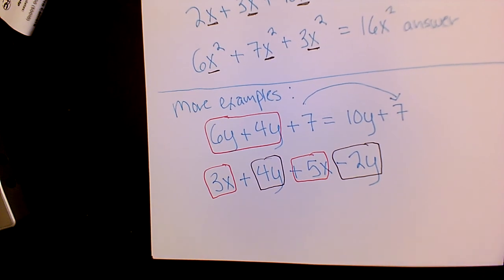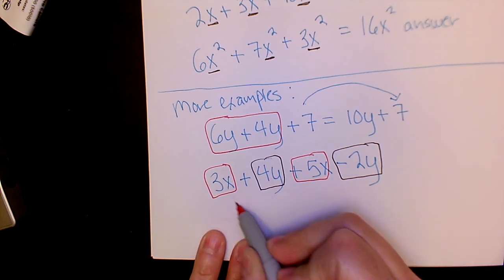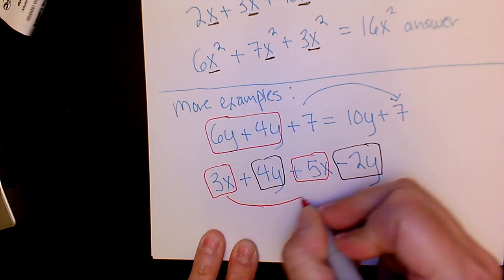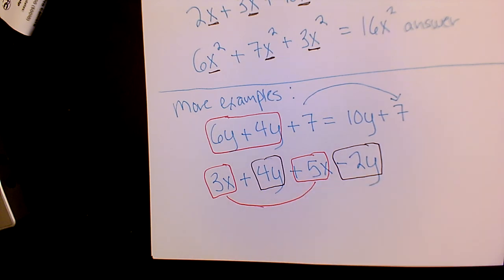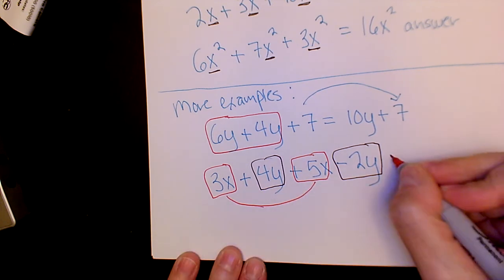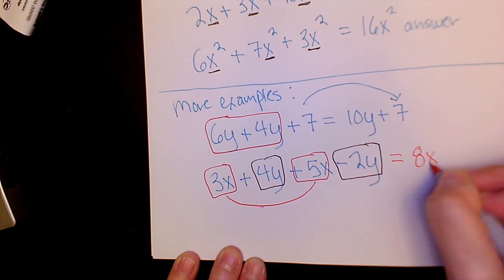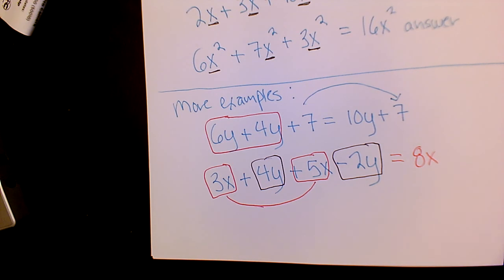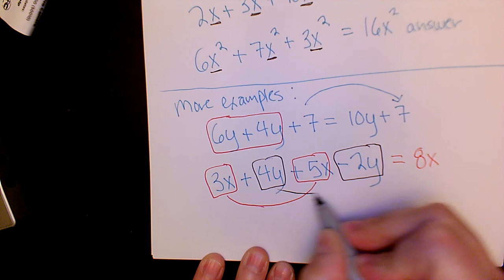I know it's helped a lot of my students in previous classes, so I'm just showing you. So, like terms, 3x and 5x is 8x. And then I've got 4y minus 2y.